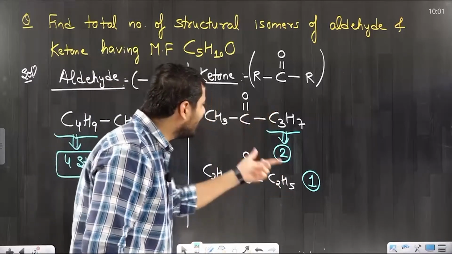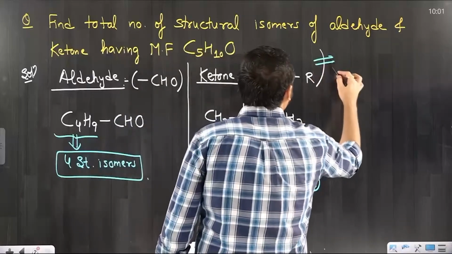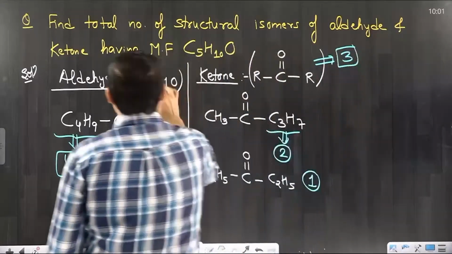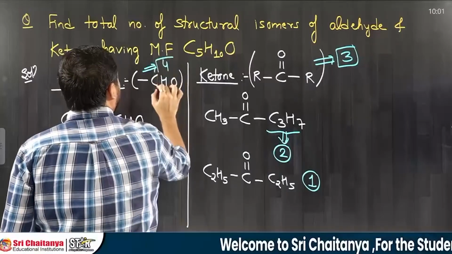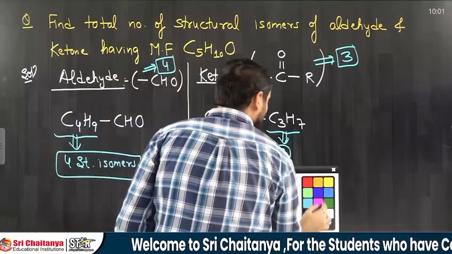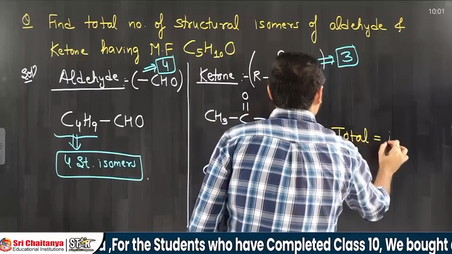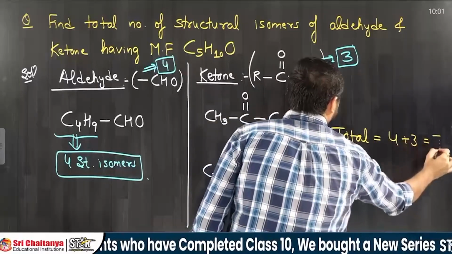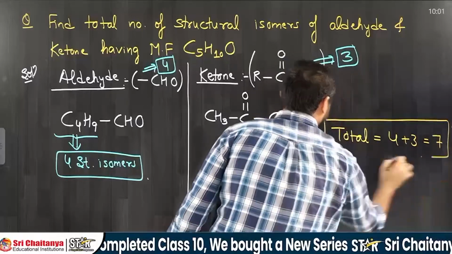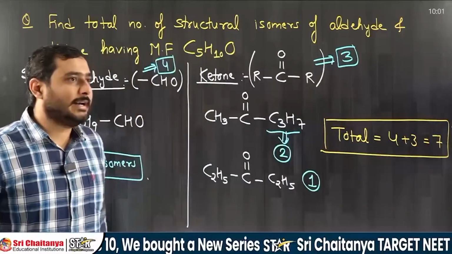So how many ketones are possible? Only 3 ketones are possible. How many aldehydes are possible? 4 aldehydes are possible. So if I write the total number of isomers, what is the answer? 4 plus 3. How much is it? 7. Okay. Any doubt in this?